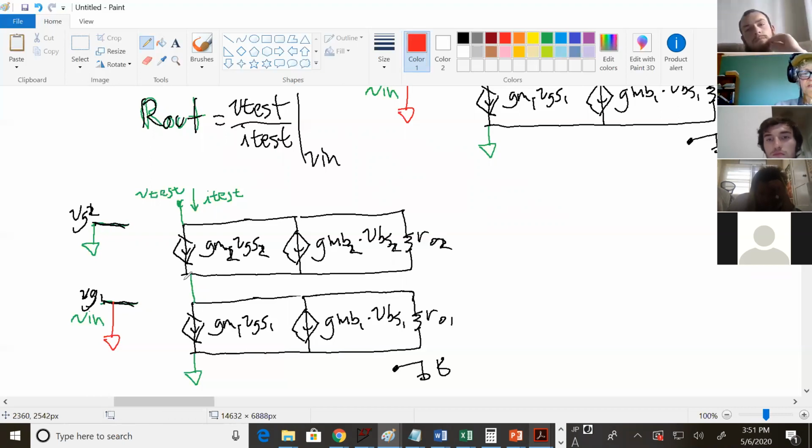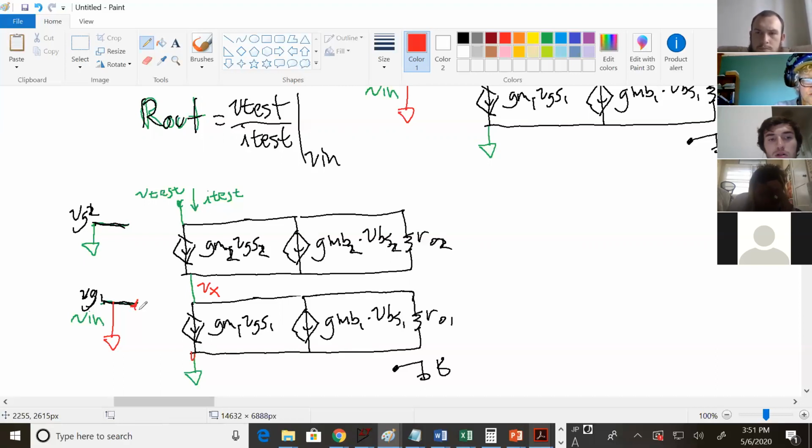Okay, so anything we can clean up here? Anything we can get rid of? And I'm going to name this Vx just to have a name for this node. You can get rid of both of the dependent current sources on M1. Exactly.